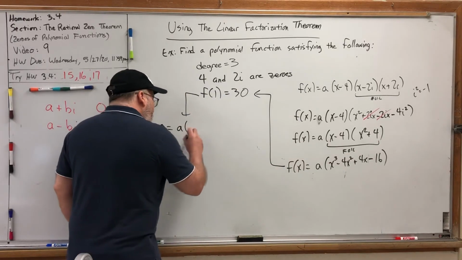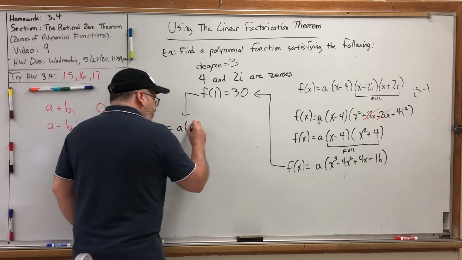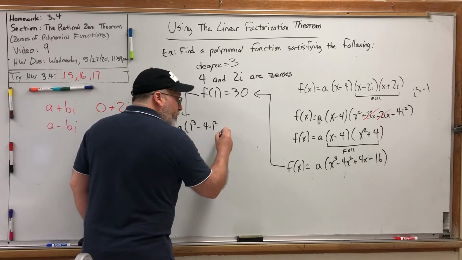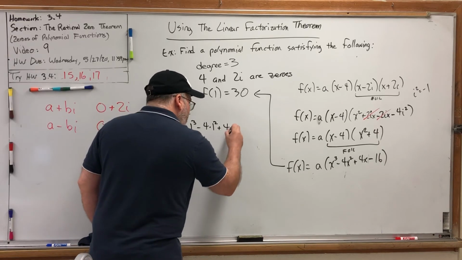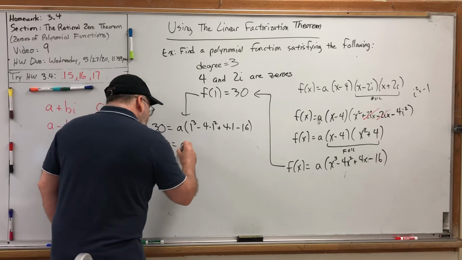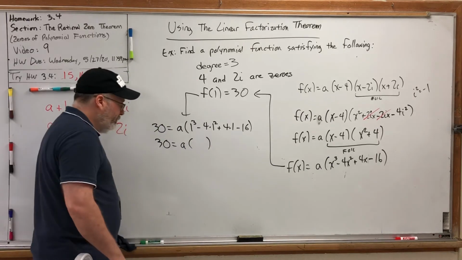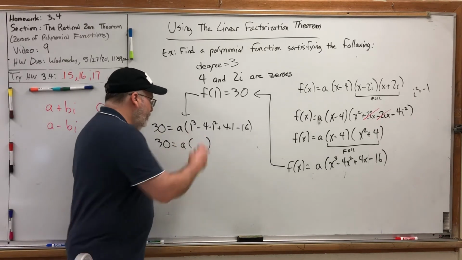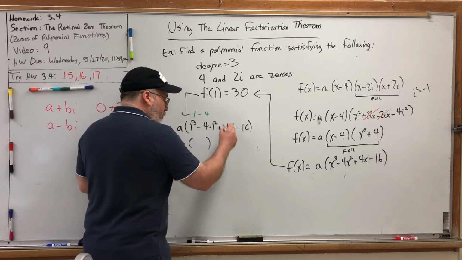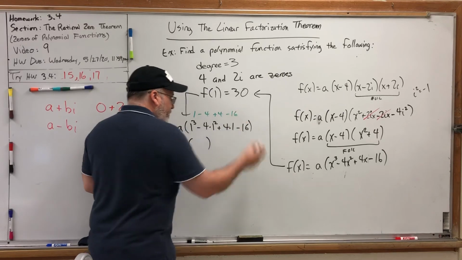So if I put in a 1, where there's an x, I get 1 to the third power minus 4 times 1 squared plus 4 times 1 minus 16. So I'm going to have to work all that out. So 30 equals a times some number. Well, this is 1 minus 4 plus 4 minus 16.